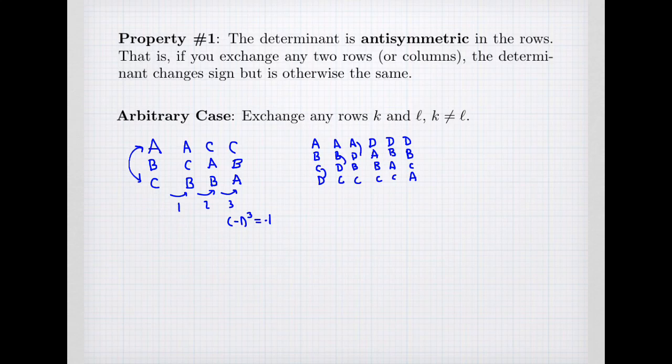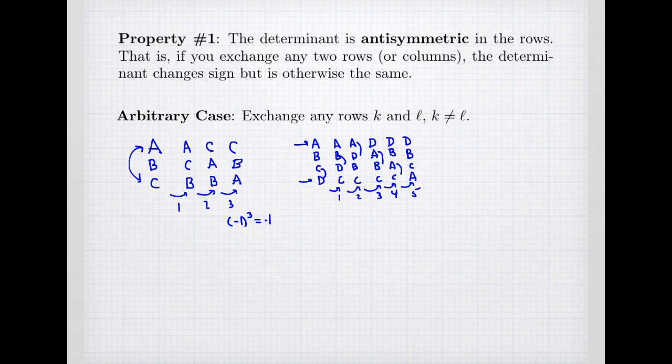We're just pushing this up and down. We had 1, 2, 3, 4, 5. It took 5 pairwise swaps to switch the first and the fourth rows.